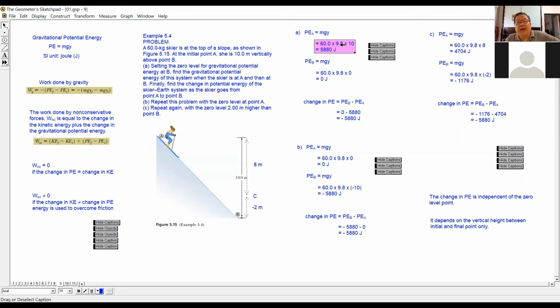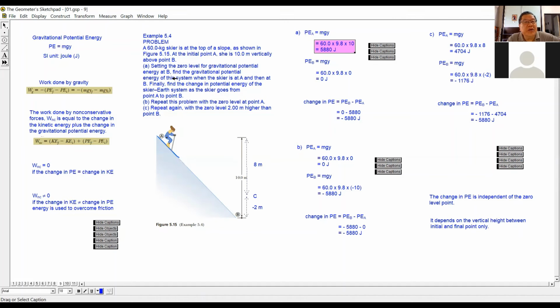G is 9.8, and the displacement is positive 10, because it is above B. If it is below our reference point, then it will be negative. So this one is positive 10. Multiply together, it is 5,880 joules.